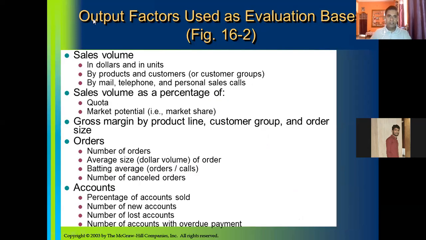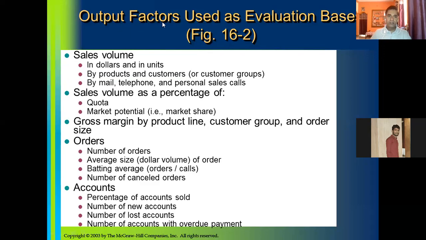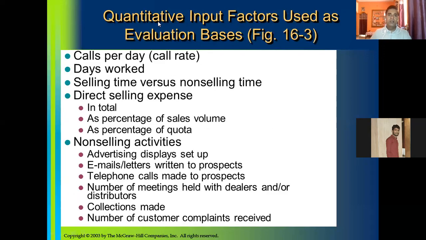So far we have discussed the basis of evaluating salespeople. Output factors used as evaluation basis included sales volume as a percentage of quota and market potential, gross margin, orders, and accounts. The second set of bases are quantitative input factors. These were output factors, what the sales rep is going to generate, and to generate that level of output, certain inputs are required.